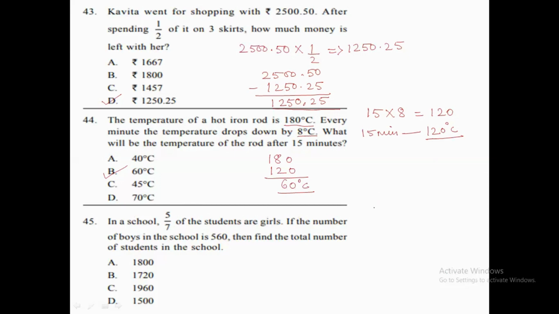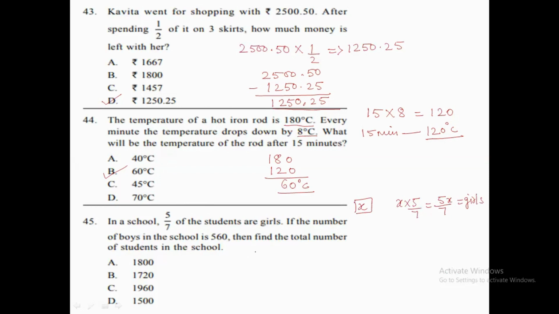Suppose we have X number of students in a school. Out of X students, 5 by 7 are girls. So 5 by 7 of X will equal 5X by 7 only. So these are the girls only. And the number of boys is given over here.